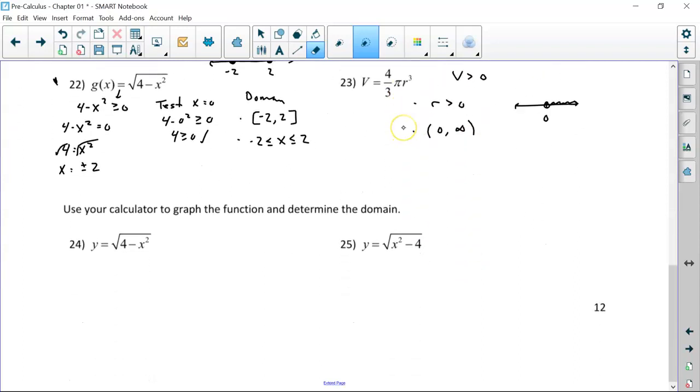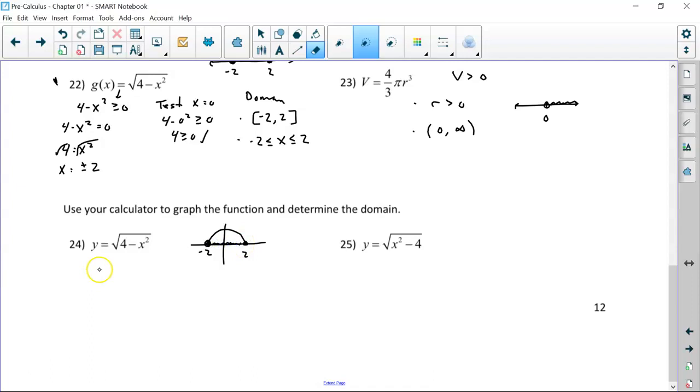In problems numbers 24 and 25, it says use your calculator to graph. So take out your calculator and graph these. And you'll see for problem number 24, here's -2, here's +2. So it reaches that point and that point, and our graph just goes like that. That's what the graph looks like. So really what's happening here is we're shading in between.